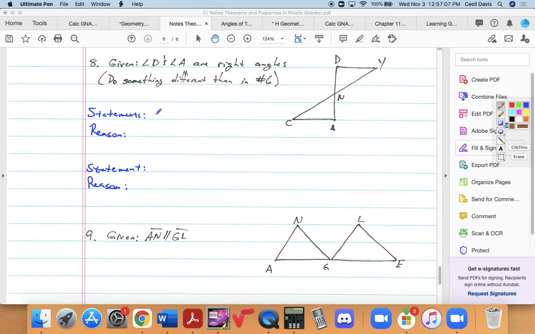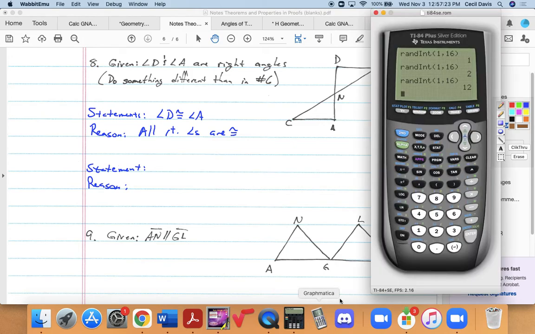Angle D is congruent to angle A because right angles are congruent. Let's say all right angles are congruent, but yes. Good. Number 11.